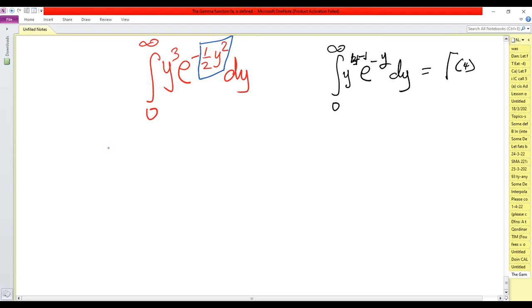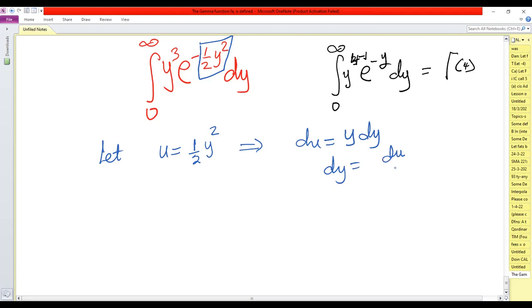So we'll fix it and say let u be a half y squared. Which means du is given by y dy, just by power rule. So dy is the same as du over y. Now, we have to see whether the limits are changing.